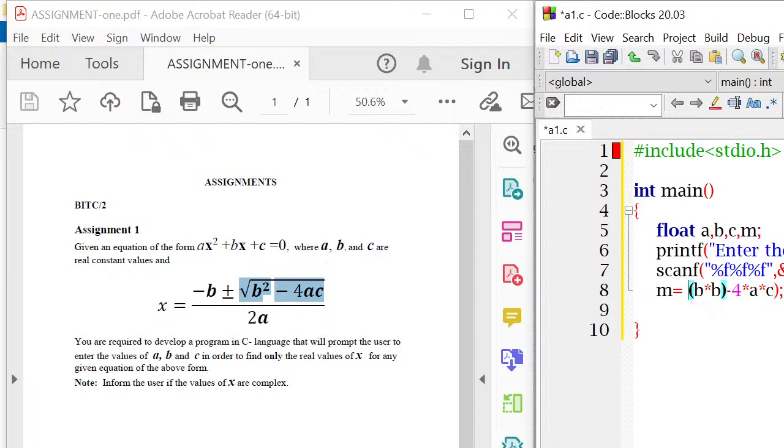So it is good to work with brackets so that it becomes easy for computation. Now we have our value. The whole of m is what we are going to get the square root of.